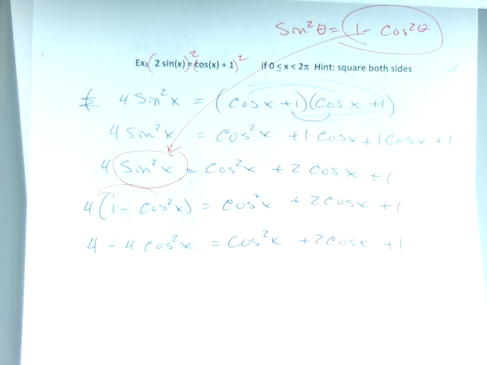I'm probably going to want to factor. So I'll put x's down and then I'll erase it, but if you were to write this as 4 minus 4x squared equals x squared plus 2x plus 1. You know, I'm thinking factor, right?